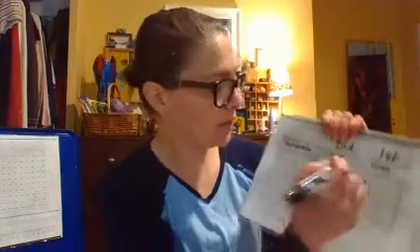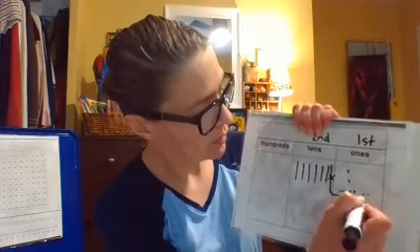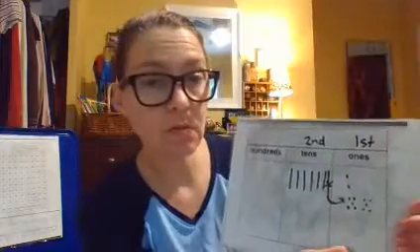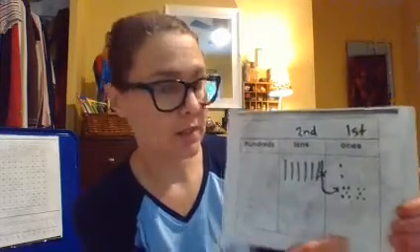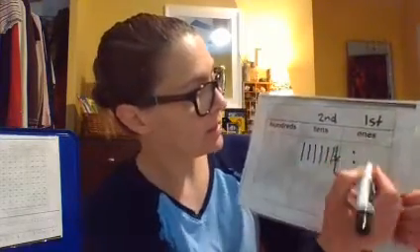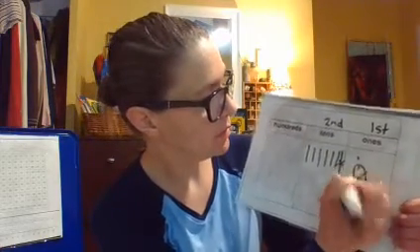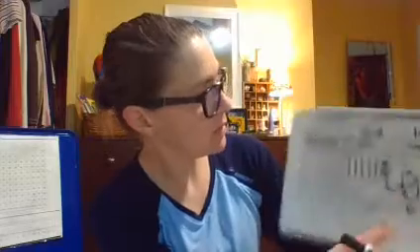So I'm going to have to make an exchange, and I'm going to take the 10 and put it in there. And I've crossed it out, so don't forget. And now I can take away 6, and 5 plus 1 is 6. And so that's the 6.